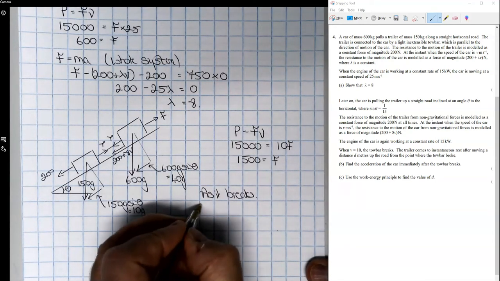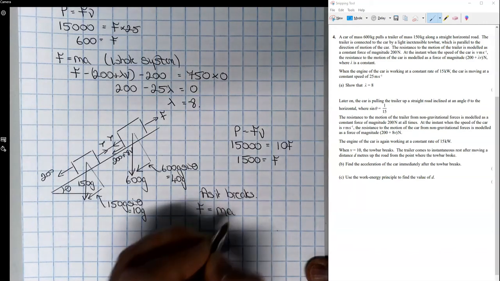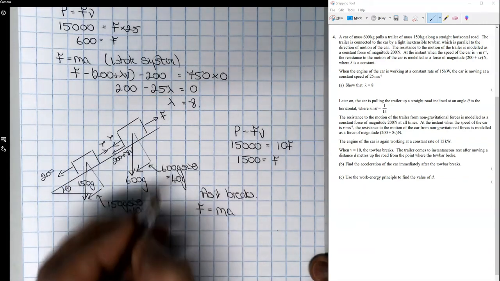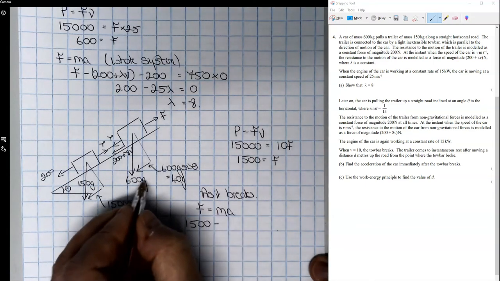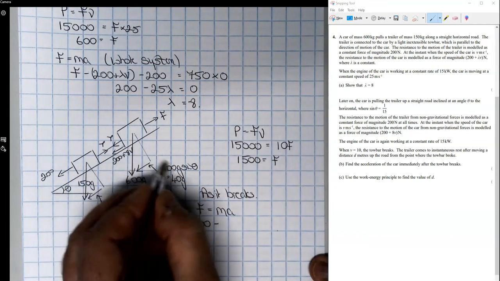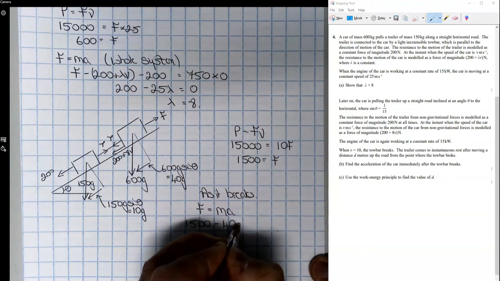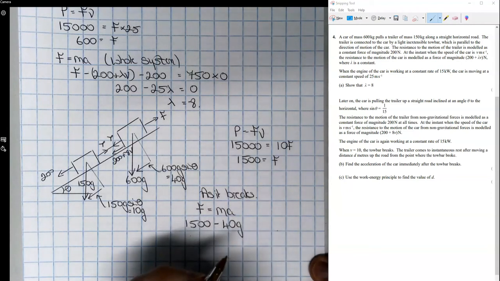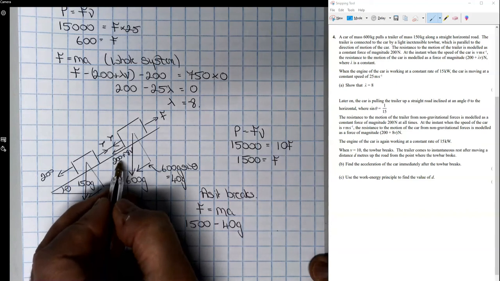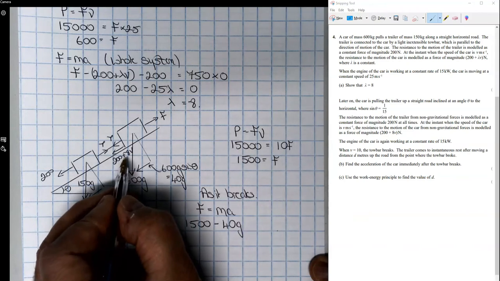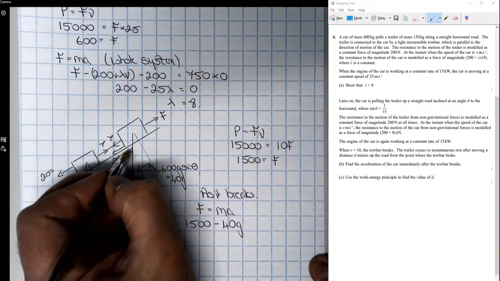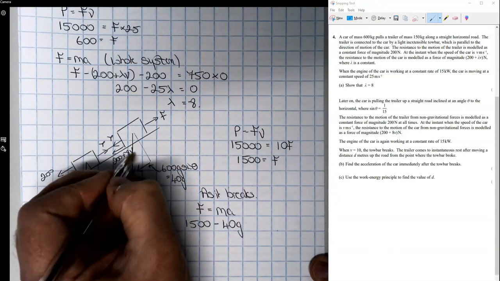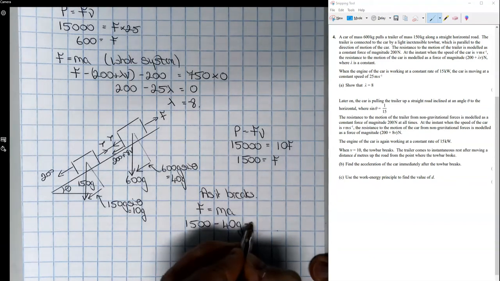we've got F equals MA, so 1500 is the force up, take away the component of the weight down the slope, so it's 40 G, take away 208, oh sorry, this is 8 lambda, this is V is 10, so that's 80, so that's 280.